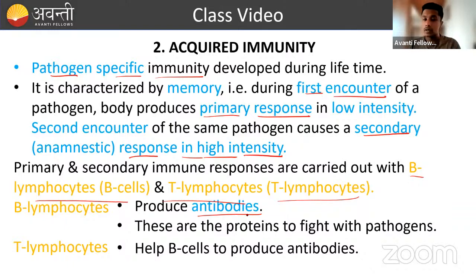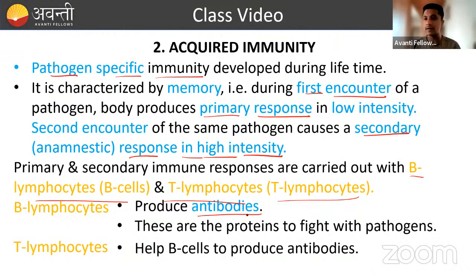The antibodies have a very specific site that can recognize and bind to this antigen. This acts like a signal to recruit the other immunologically important cells, assemble them, and neutralize them. So this is about antibodies.